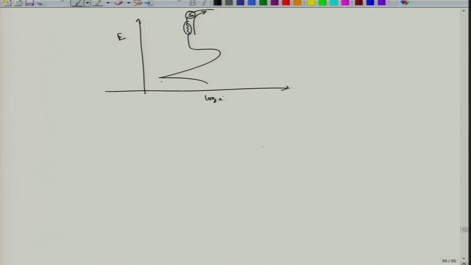The cyclic polarization graph could be like this. So, this could be the point which is indicative of the repassivation potential. We are not getting into those complications.